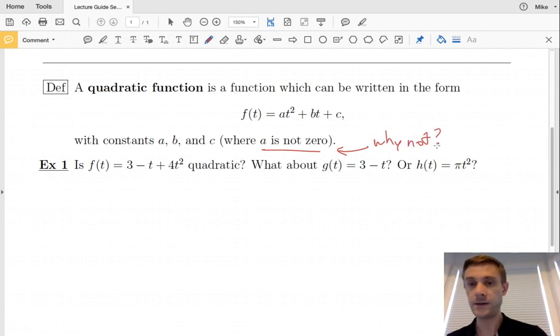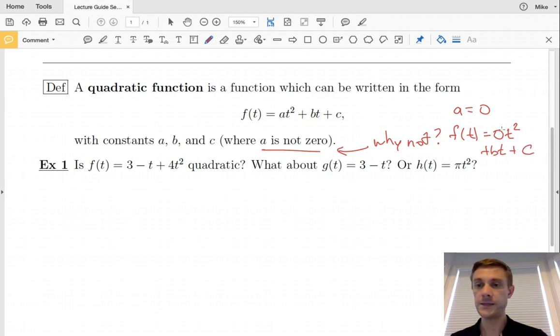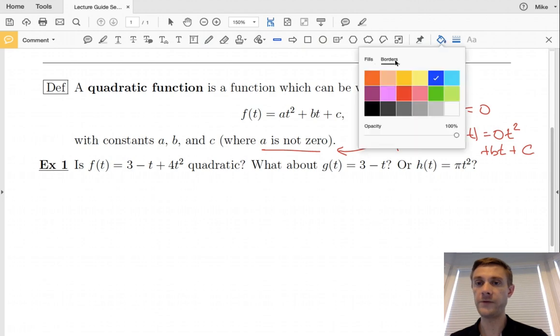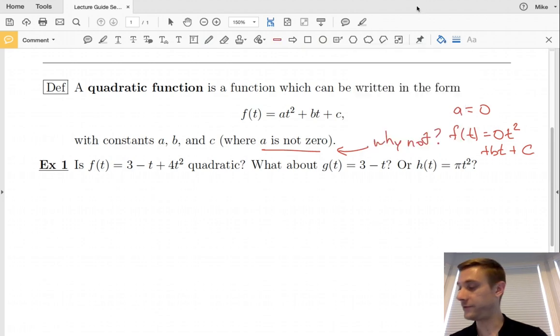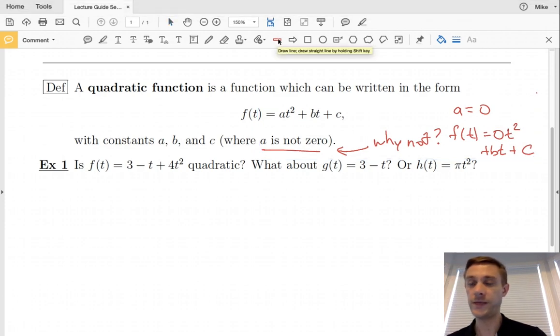So if a were 0, then our function looks like f of t equals 0 times t squared plus some other stuff, bt plus c. The upshot is that if we have a 0 at the front, this term has been canceled and we don't really have anything interesting going on with it.